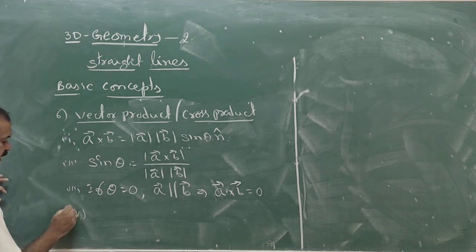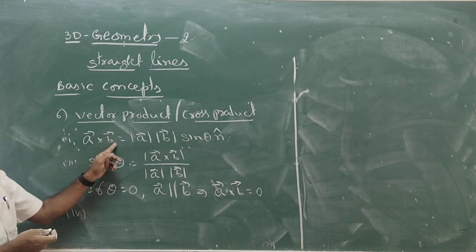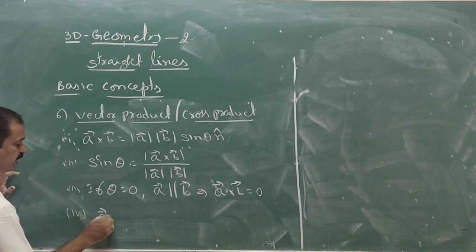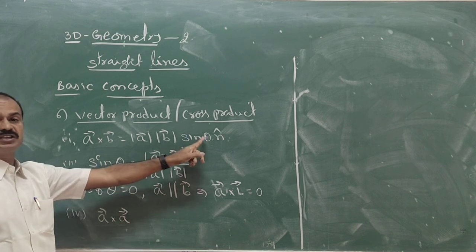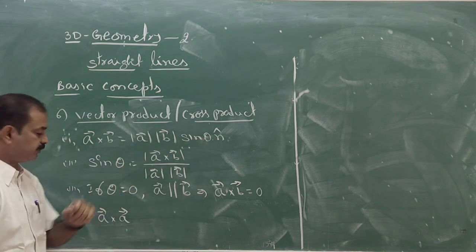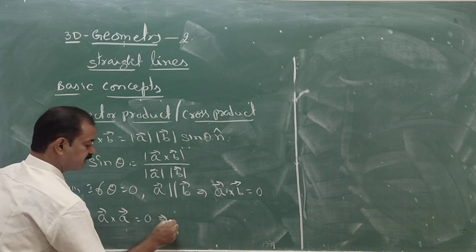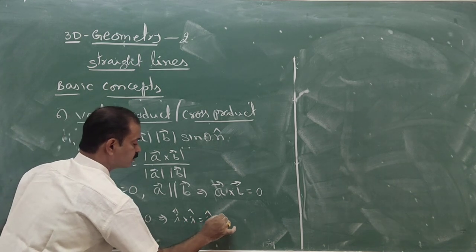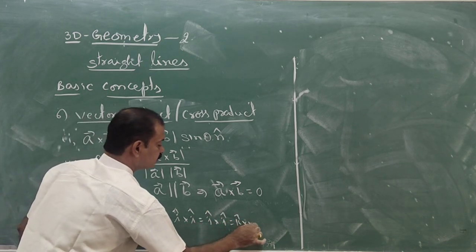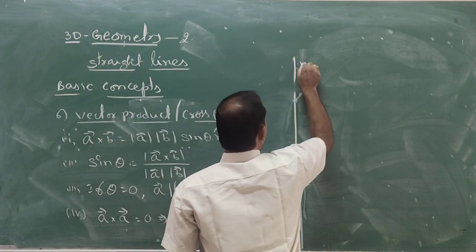Next, fourth one is A cross A. When you put A cross A, the angle will be 0. When the angle is 0, this totally becomes 0. A cross A is equals to 0, which implies I cross I, J cross J, K cross K will be equals to 0. Next, fifth point.